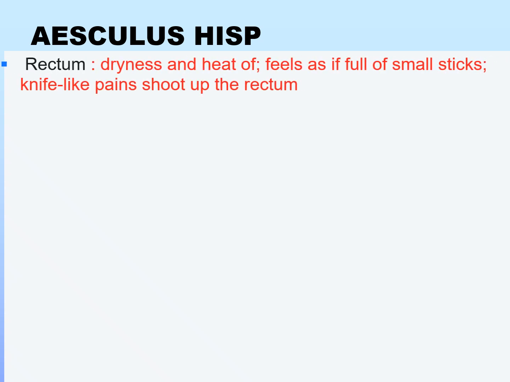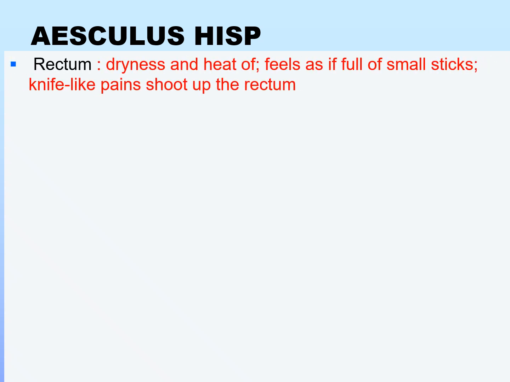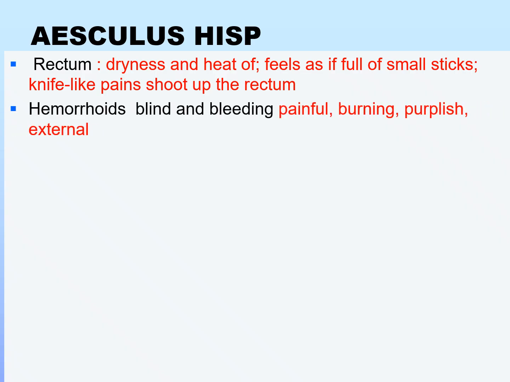Aesculus is a commonly used homeopathic remedy for both bleeding and blind hemorrhoids. It is especially helpful in painful, burning, purplish external piles with marked rectal soreness, dryness, itching, and a sensation of fullness. So I had already shown the picture of thrombosed piles and different types of piles.